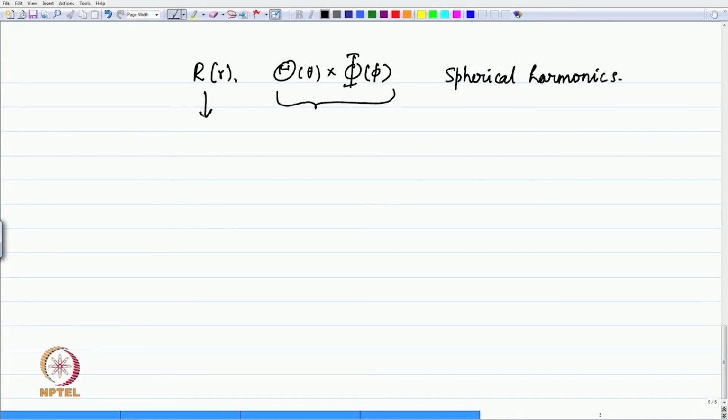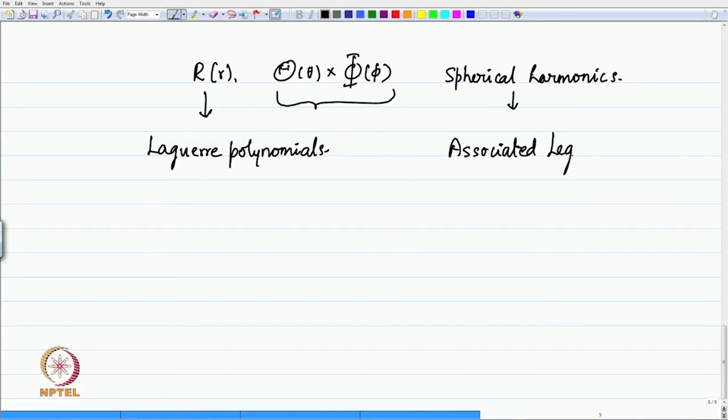The radial function will contain what are known as the Laguerre polynomials. Spherical harmonics are constructed using the phi functions and polynomials known as associated Legendre polynomials.